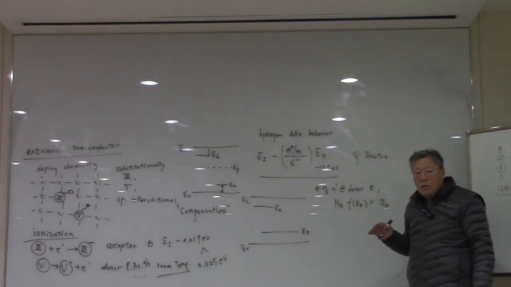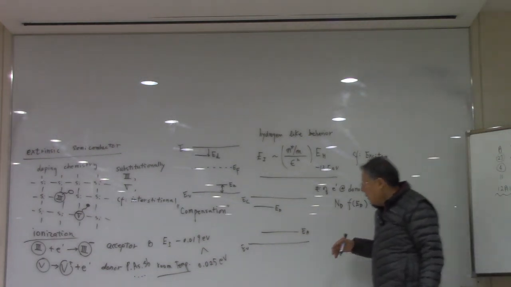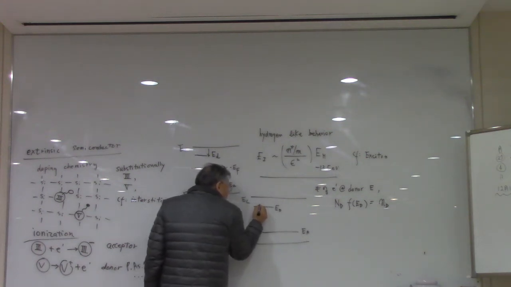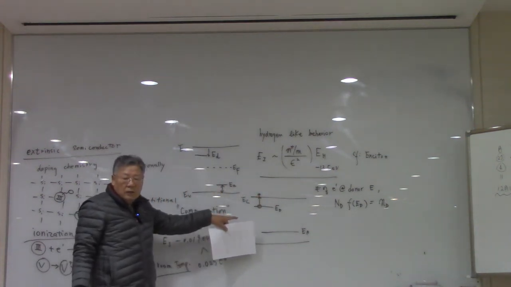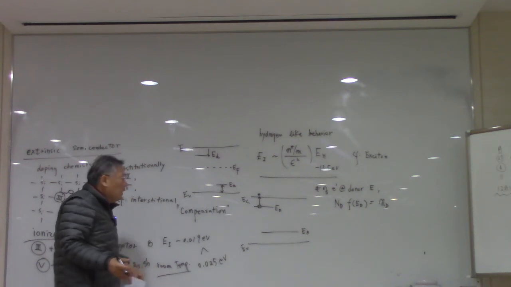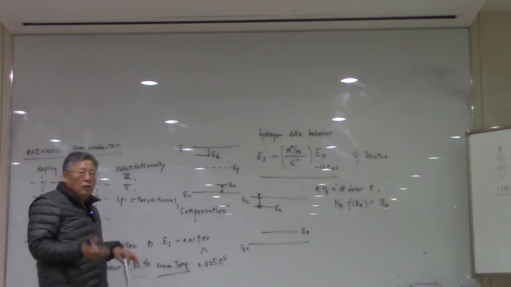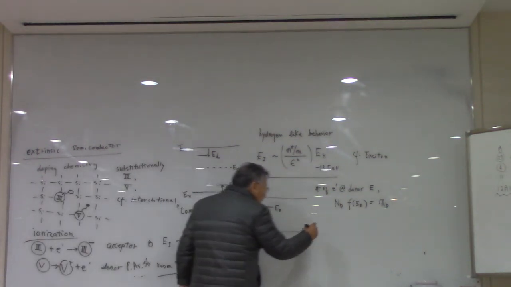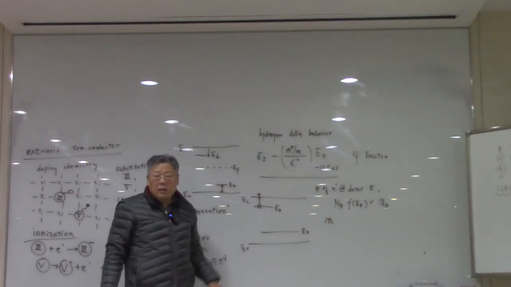When you have free carriers, what does that mean? At the donor level, you're going to have empty states and you're going to have electrons in the conduction band. That is the ionization. So if your material is doped with donors and you want to know the number of free carriers, you have to calculate the N, okay, not the N_D.